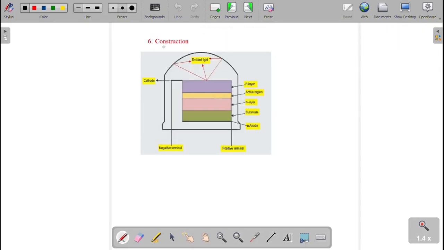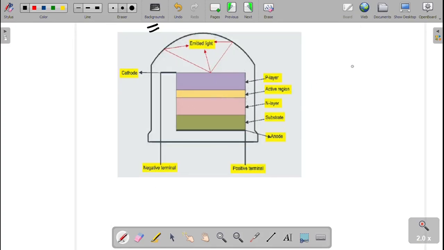Next, what is the construction of the LED? This diagram will help you understand the construction. Already I said PN junction, so P type material and N type material. See here, this is P type material, this is N type material. P and N are combined in the middle. This is called the PN junction.